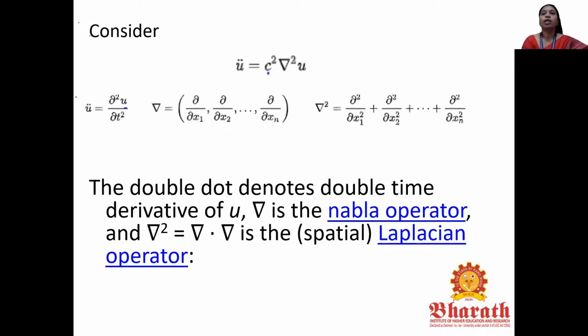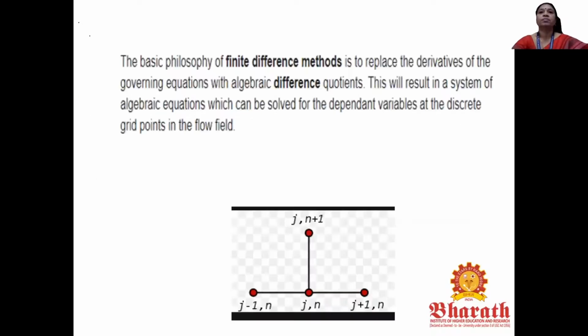So your del squared is equal to ∂²/∂x1² + ∂²/∂x2² + etc. to ∂²/∂xn². The double dot denotes the double time derivative of u, and del is called the Nabla operator, and del squared is equal to del dot del. It is the spatial or Laplacian operator.